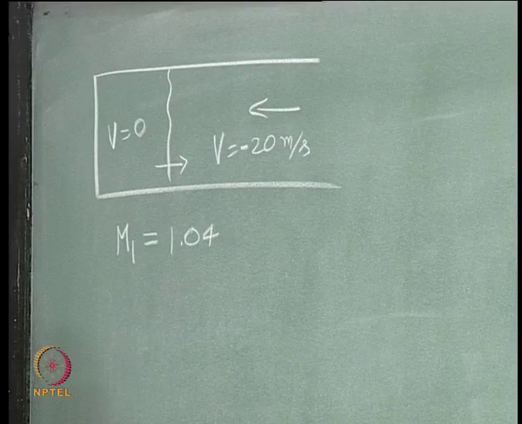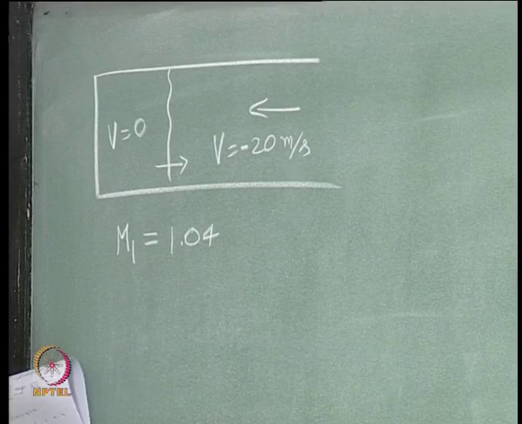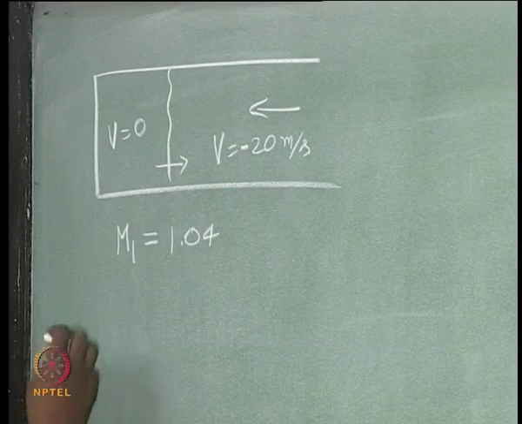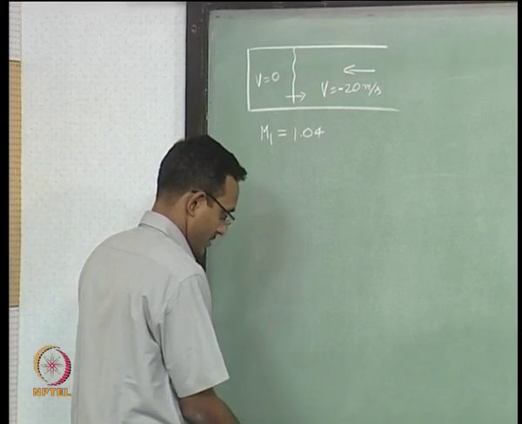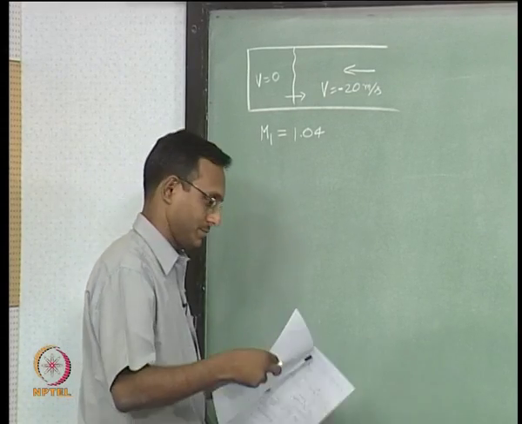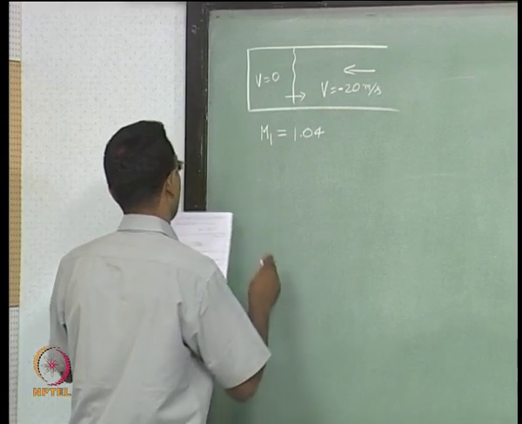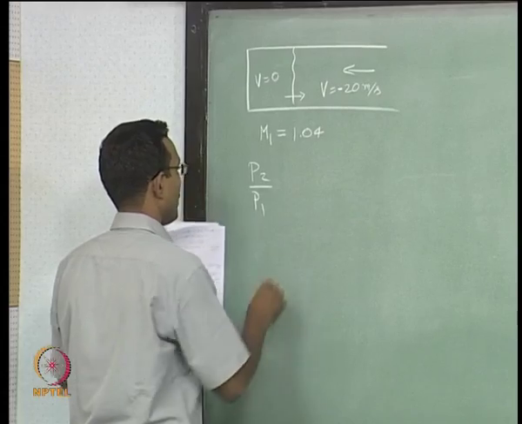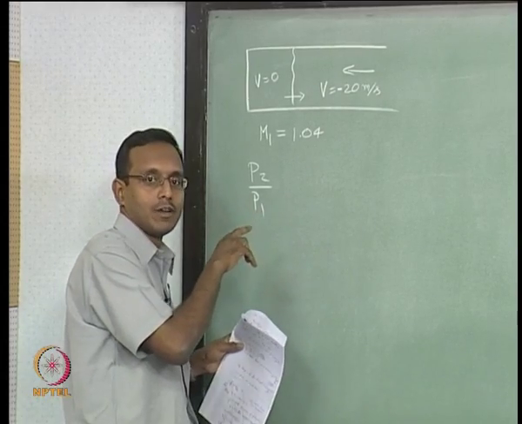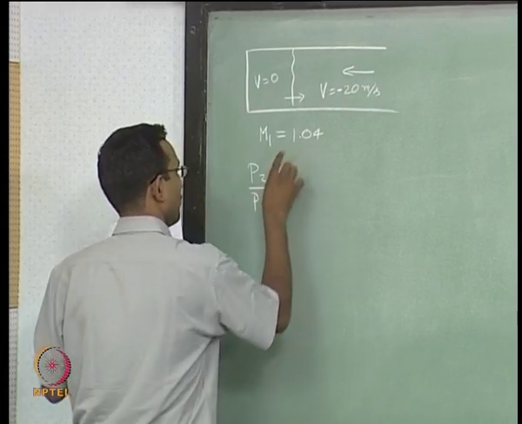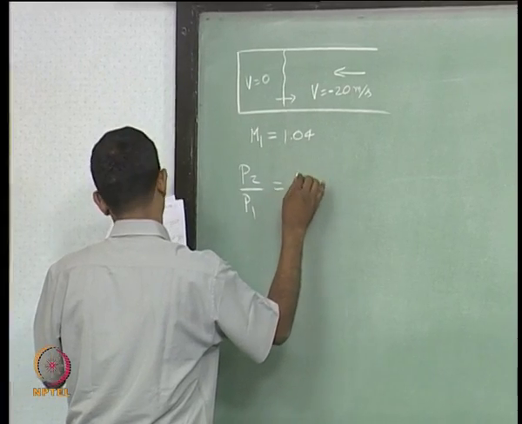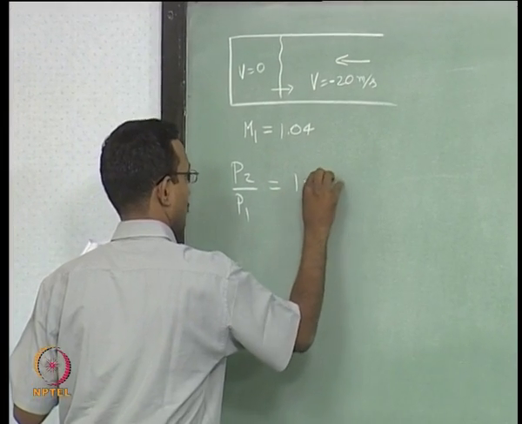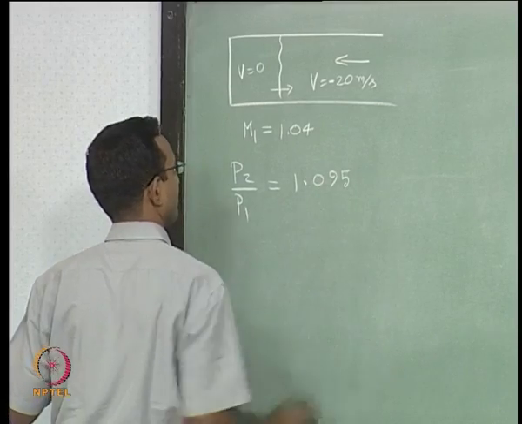With this 1.04, if I want to find the strength of the shock, P2 by P1, I am going to pick from the gamma equal to 1.4 normal shock tables. For this Mach number, I will get the strength to be 1.095.